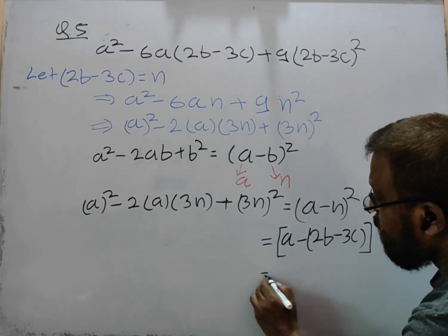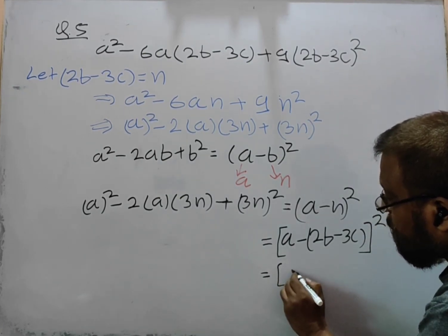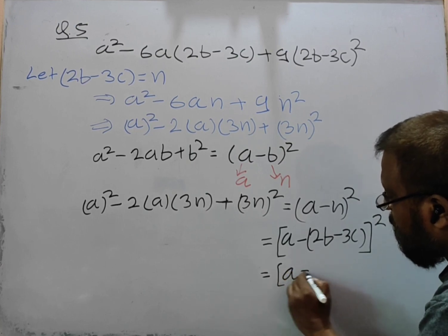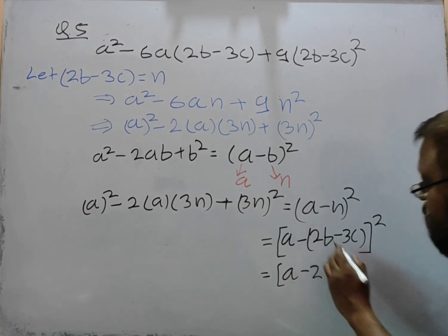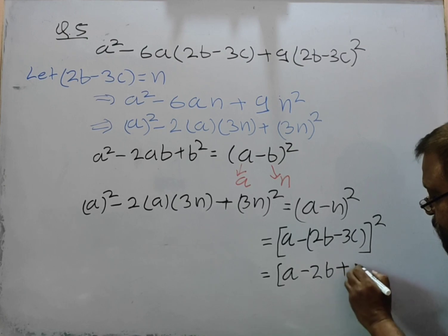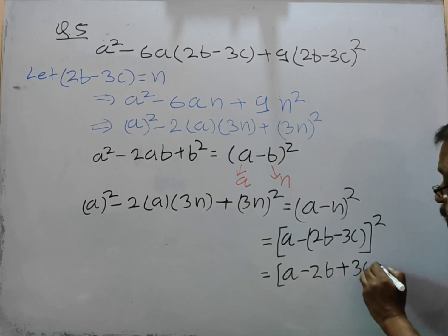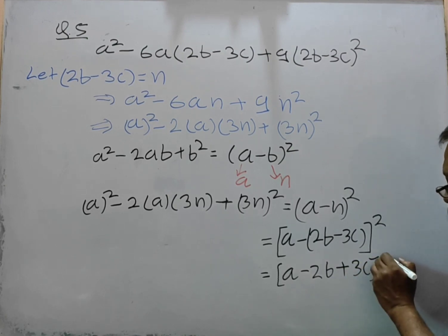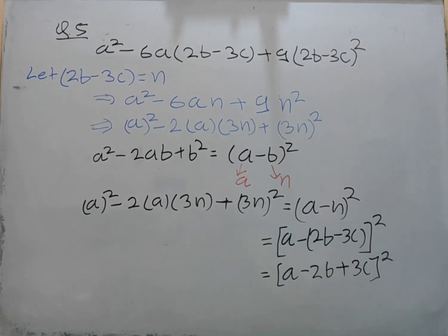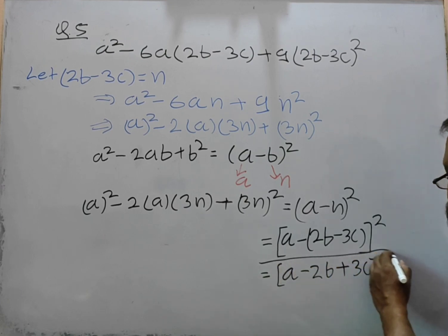So we can write it a minus 2b plus 3c whole square. Get it? This is your final answer.